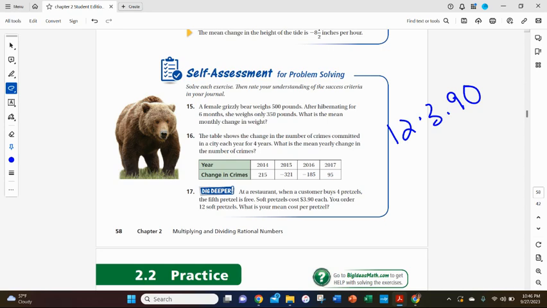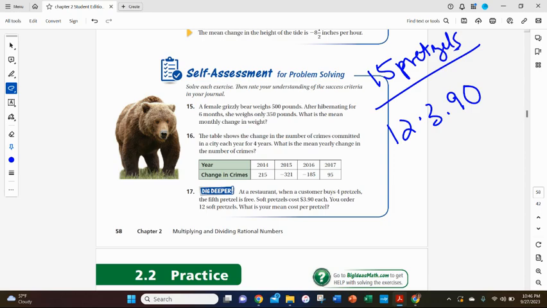And then I get an extra because for every 4, you get a 5th one free. So I get 3 free ones. So actually, I'm getting 15 pretzels. So I would say that you're paying for the 12.